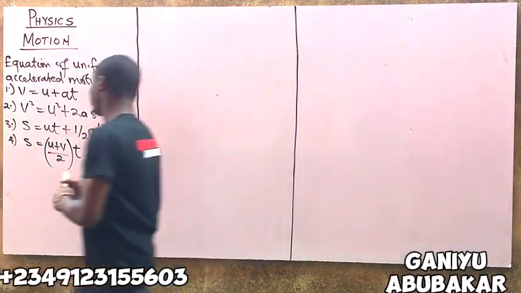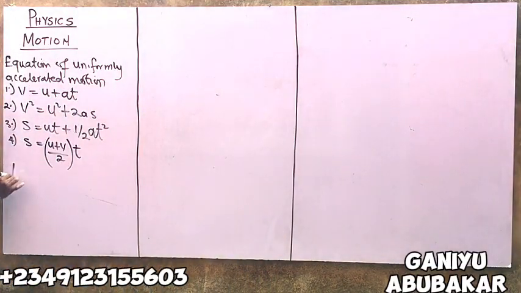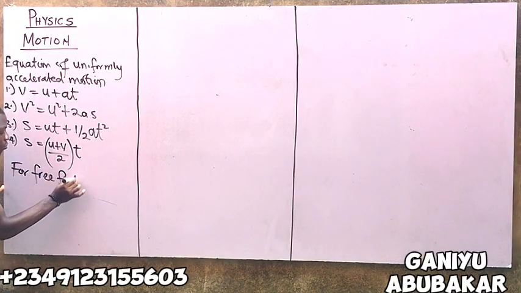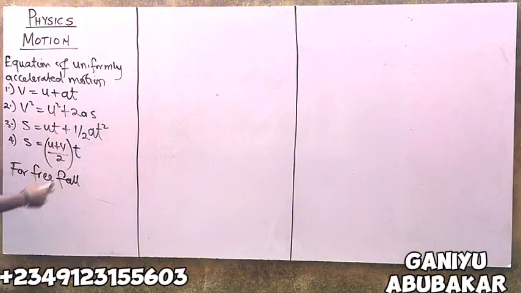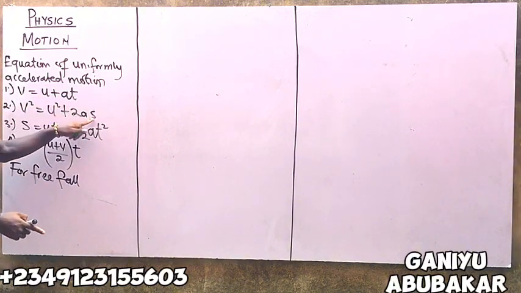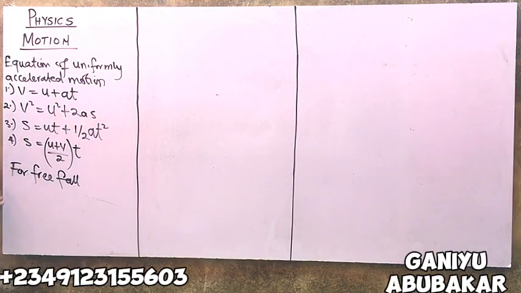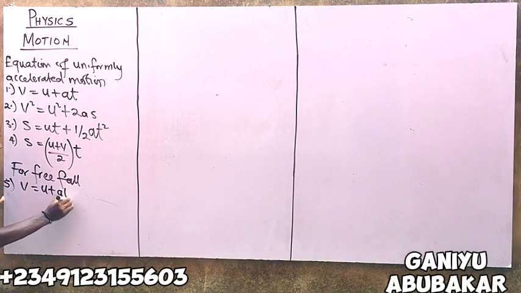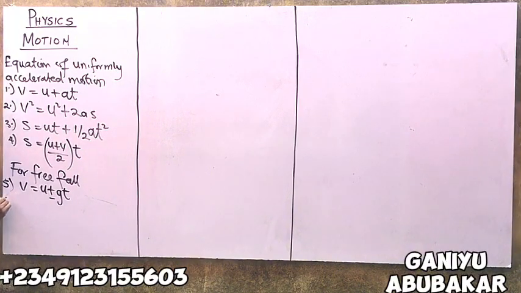For free fall, it's still the same thing, but what changes there? Your a changes to g, your s changes to h. So for free fall, I'll have that v is equal to u plus or minus gt.